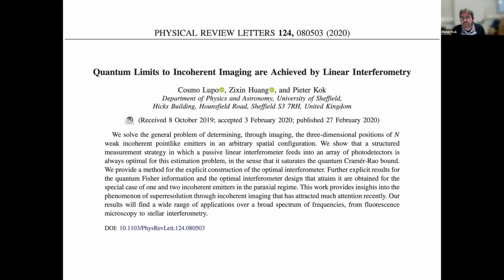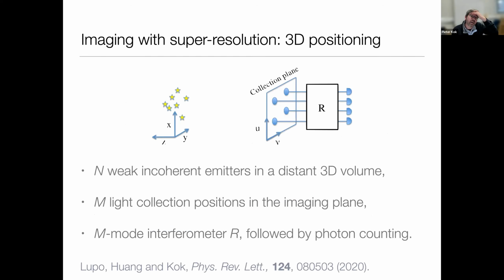And I think the community has landed on calling this super resolution. So then we did some theoretical work with Cosmo Lupo and Xijing Wang about, okay, what can you achieve with linear interferometry? Because as you remember, the experiments and the theory that I demonstrated earlier were all linear interferometry: beam splitters, phase shifters. And so we set up the following.